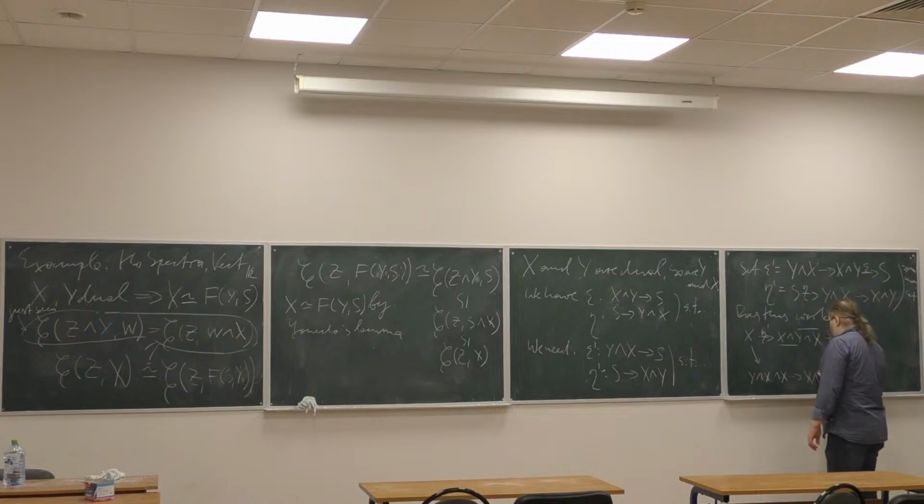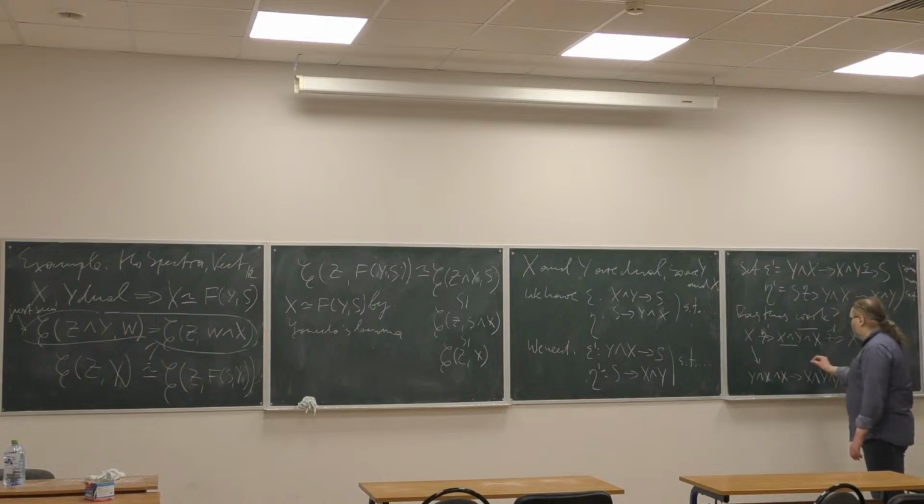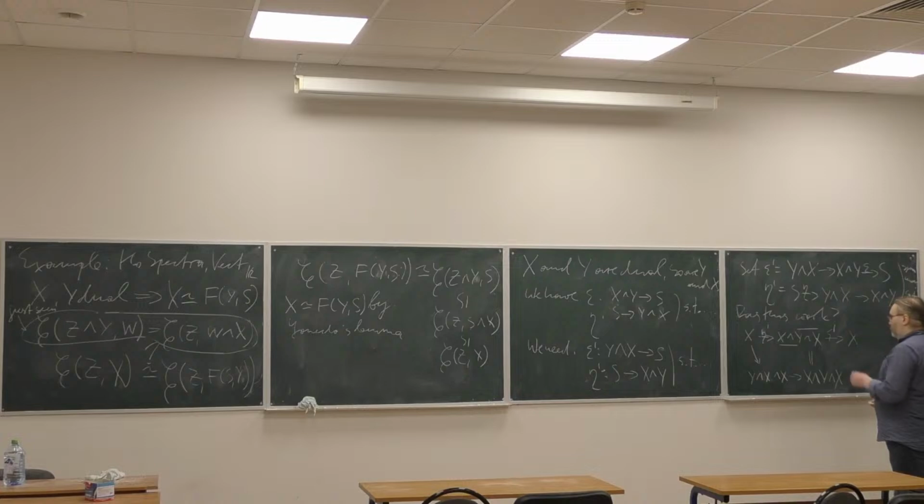So X wedge Y wedge X. Okay, similarly here, I need to destroy Y wedge X. What do I do? I swap the two factors and then destroy them.